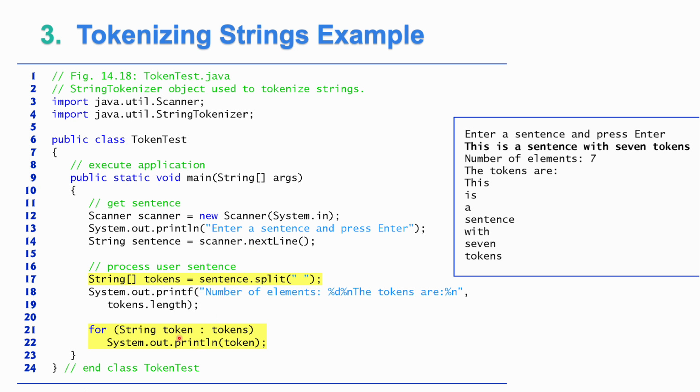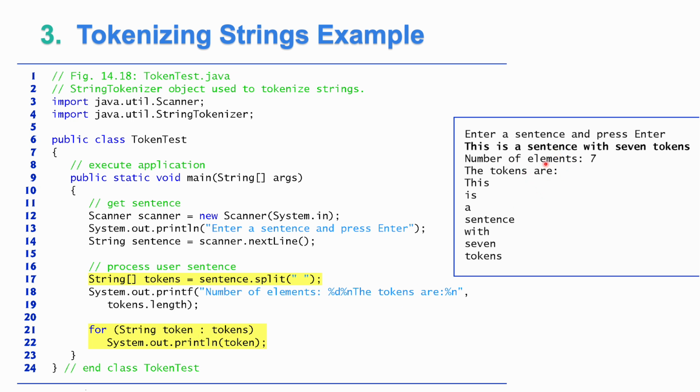Then it displays the number of elements in the array tokens, which equals the number of tokens in the user's input. Finally, it uses an enhanced for loop to display all elements in the array tokens.